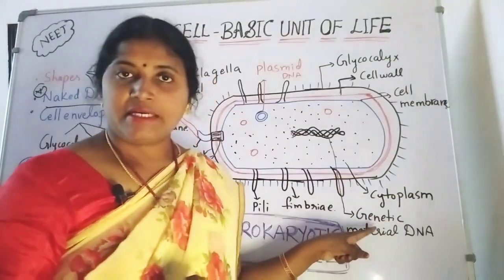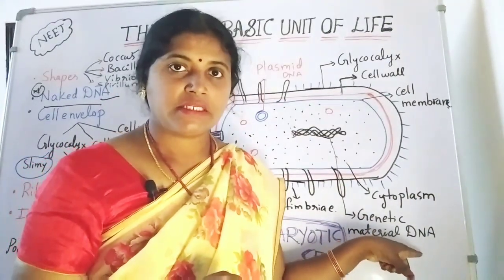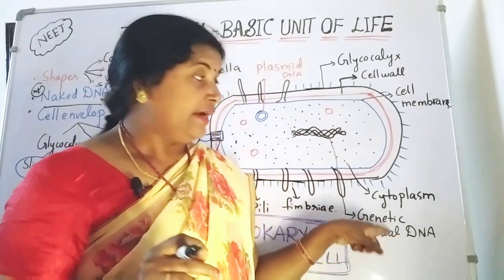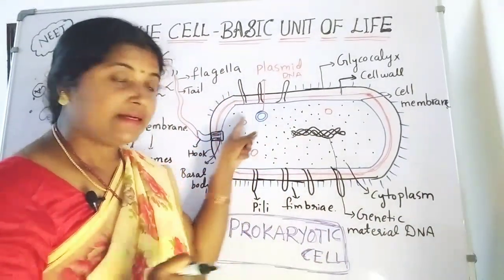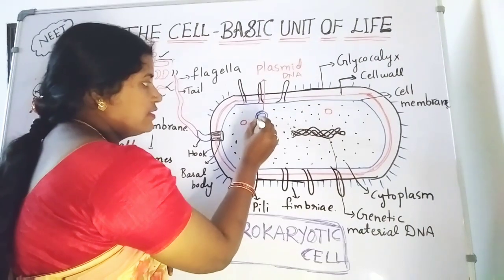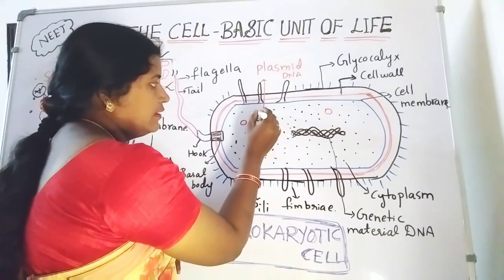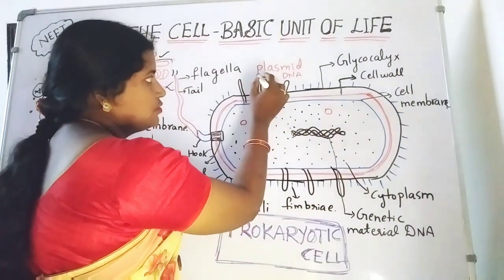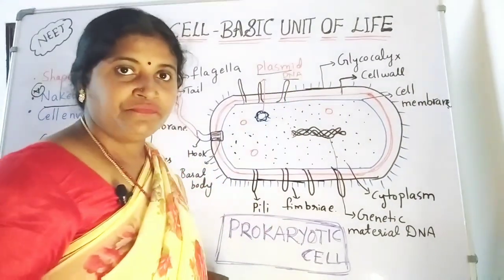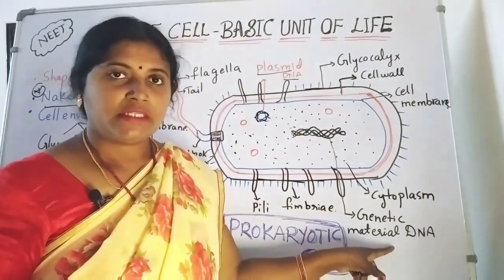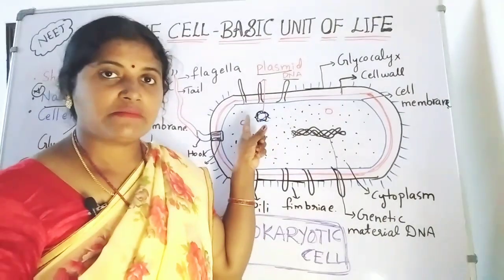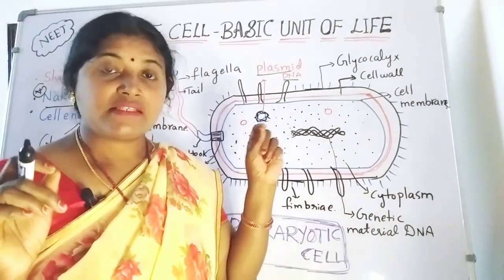So what is the genetic material here? It is DNA, and along with that it contains a circular DNA. This circular DNA is also known as plasmid DNA.